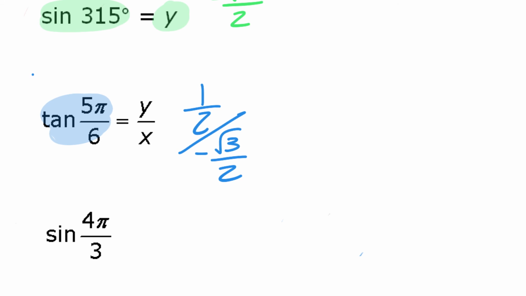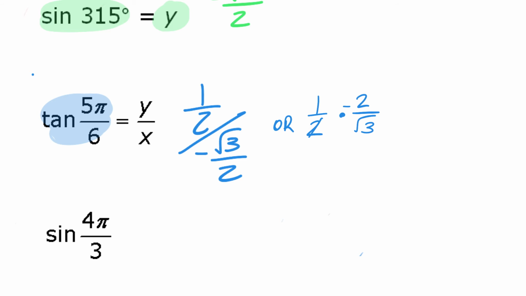But I never divide fractions. So what I'm going to do instead is multiply times the reciprocal. So instead of 1/2 divided by, we're going to do 1/2 times 2 over square root 3, and that is a negative sign.